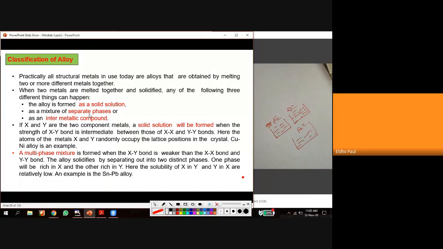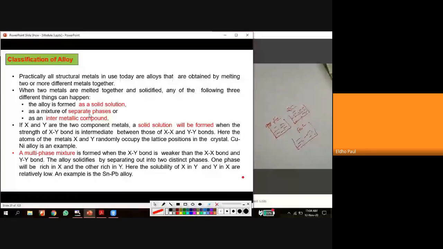The resulting one is a compound, not a solid solution. So that is the third possibility when we mix these two materials together. So a solid solution may be formed, a mixture of separate phases may be formed, or an intermetallic compound may be formed.